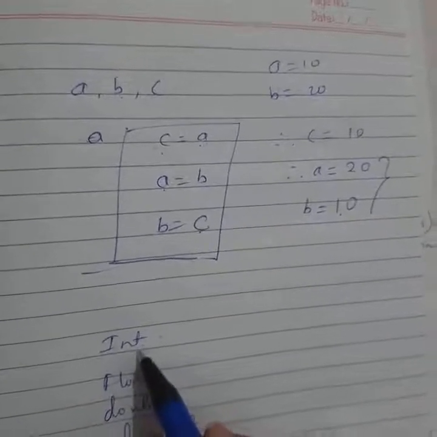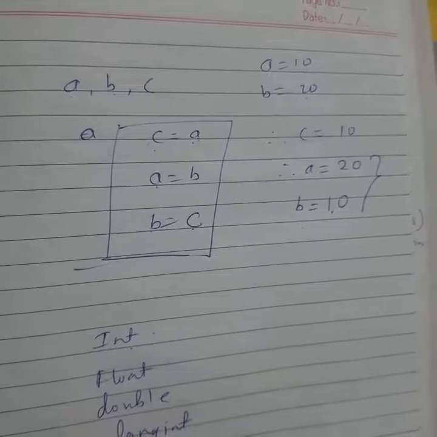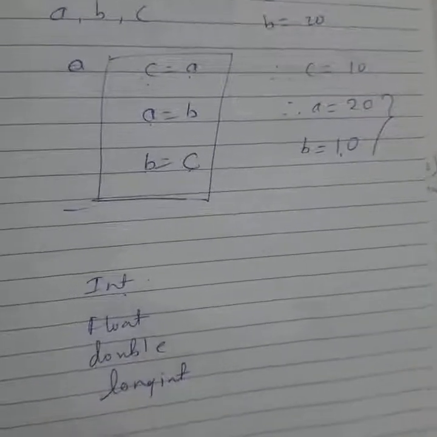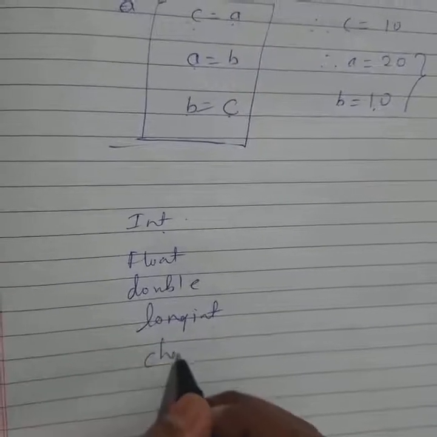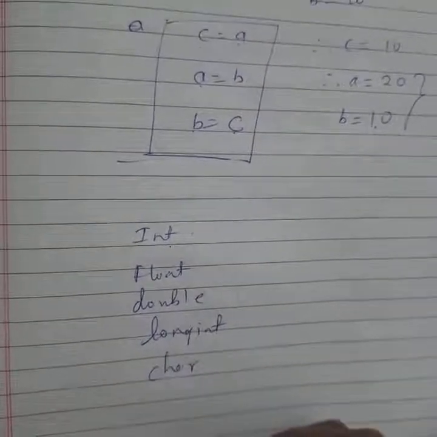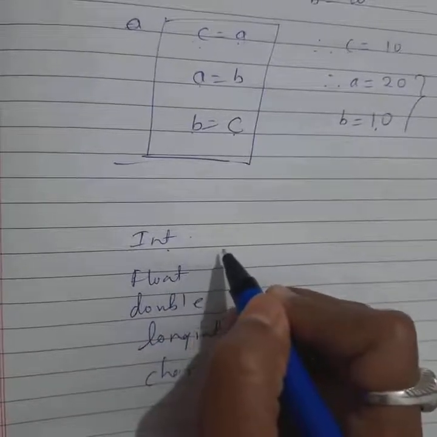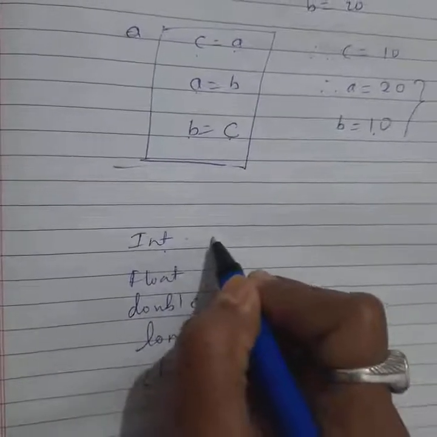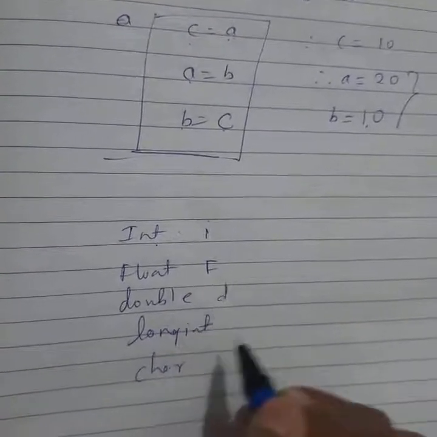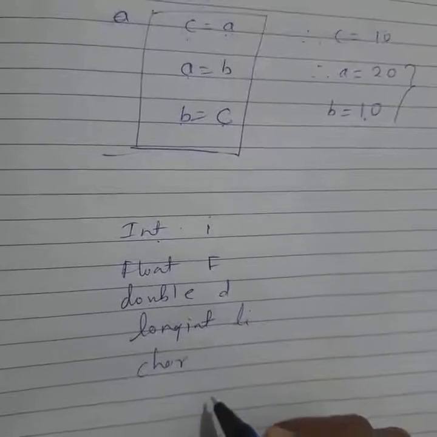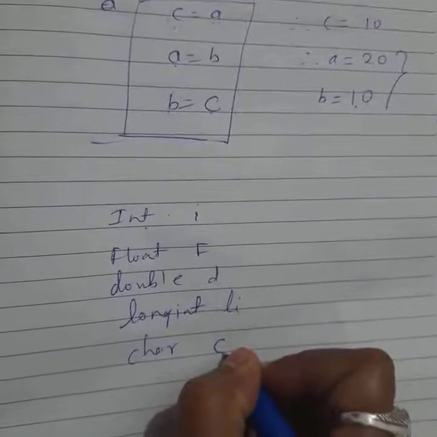If we take a big number, then we will use the long integer data type. Integer, float, double, character, the sizes of these data types I will find here. I will take in the program integer data type variable i, float data type variable f, double data type variable d, long integer data type variable li, and character data type variable c.